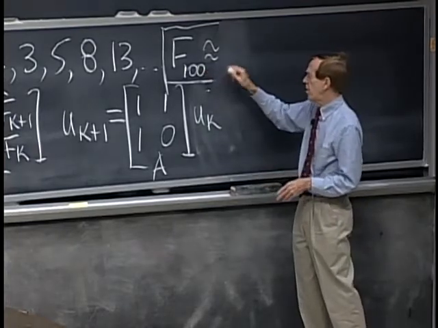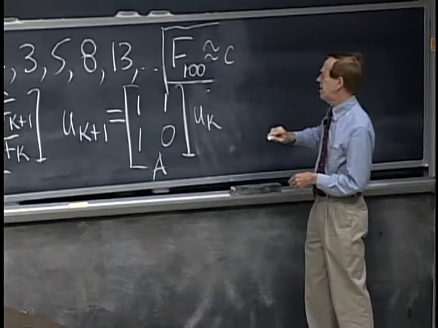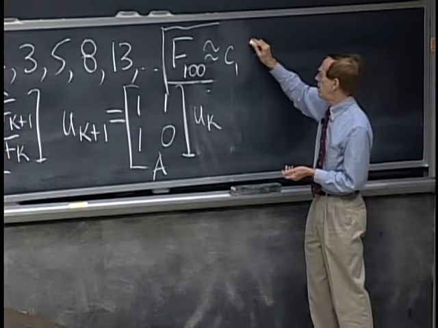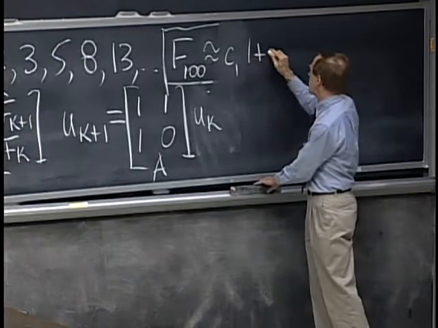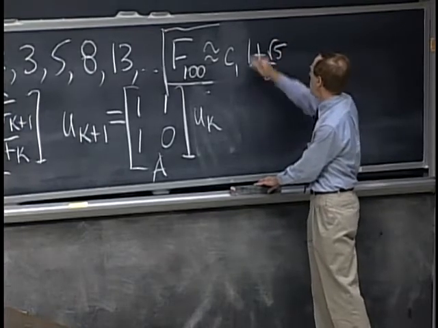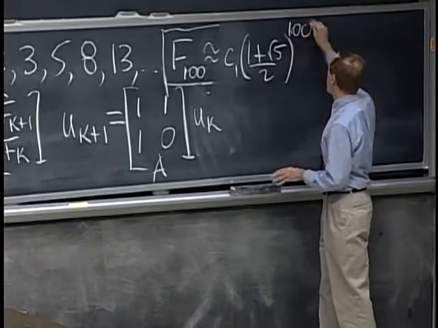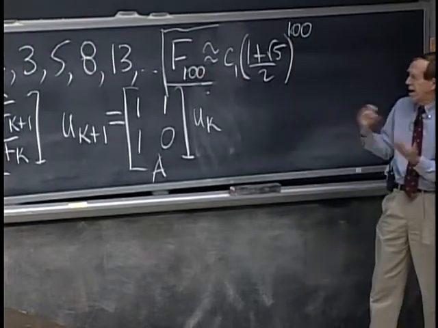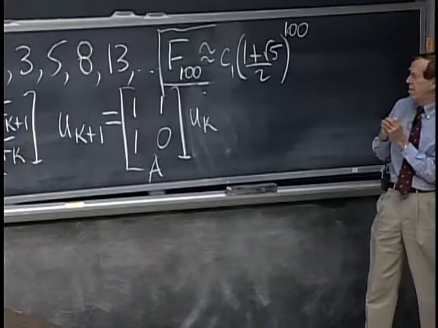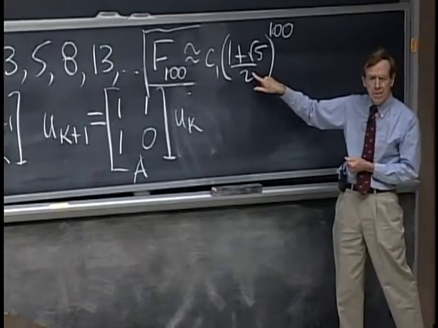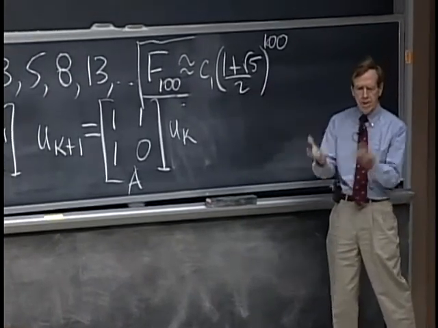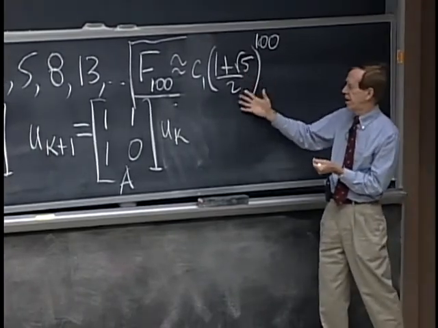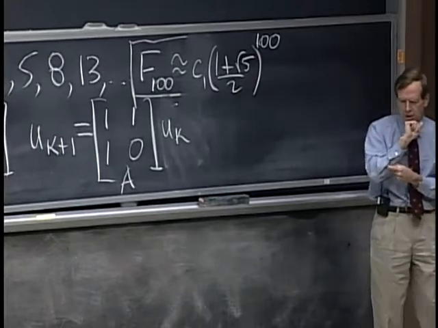So F100 will be approximately some constant, C1 I guess, times lambda 1, this (1 plus square root of 5) over 2, to the 100th power. The Fibonacci numbers are growing by about that factor. You see that we've got precise information about the Fibonacci numbers out of the eigenvalue.